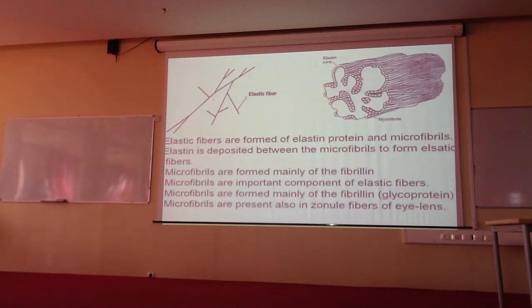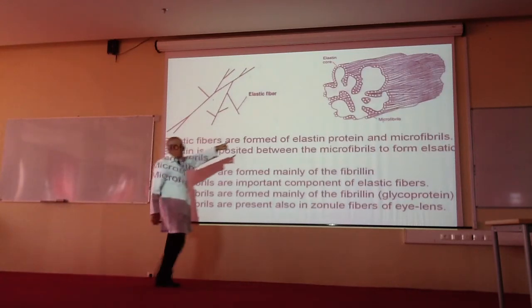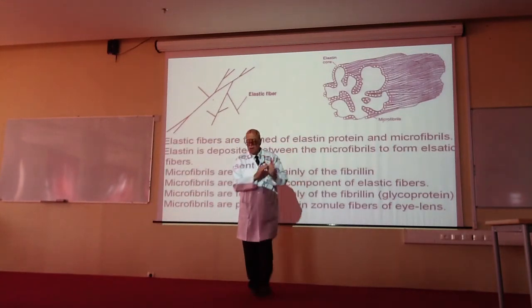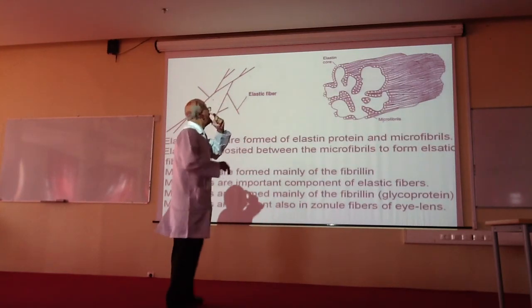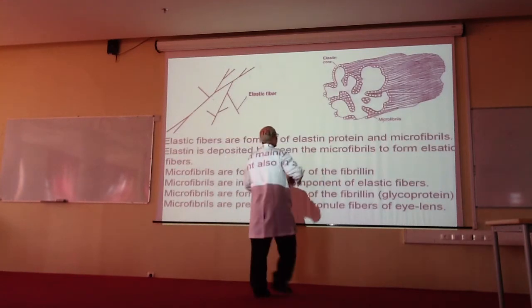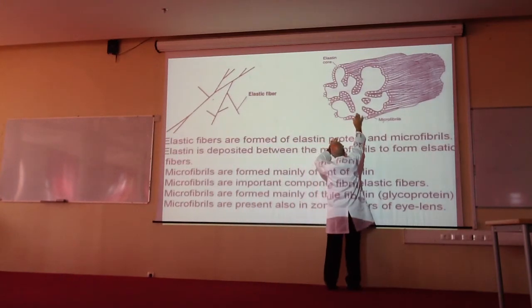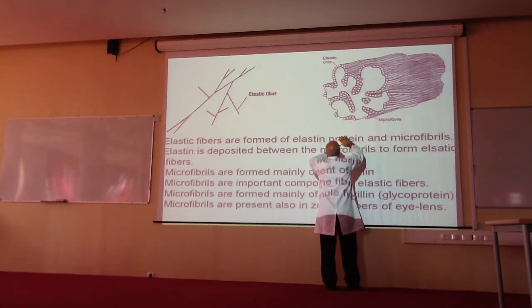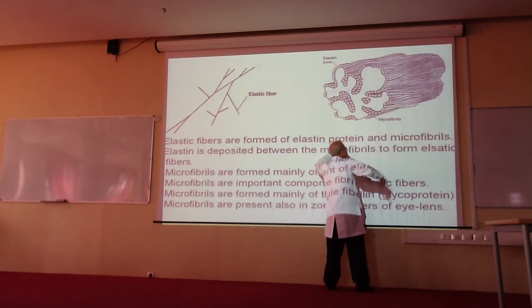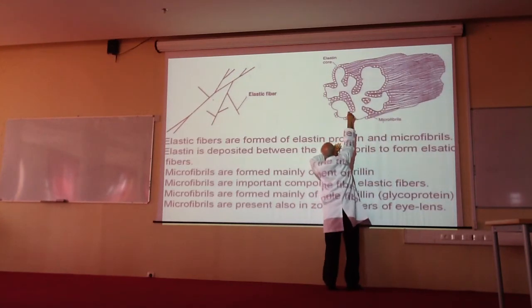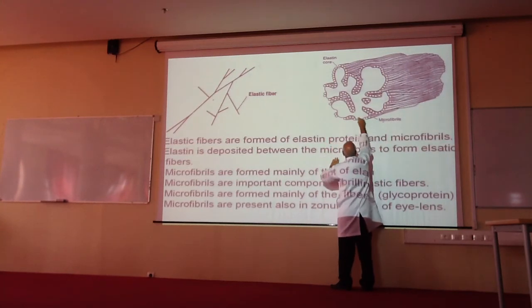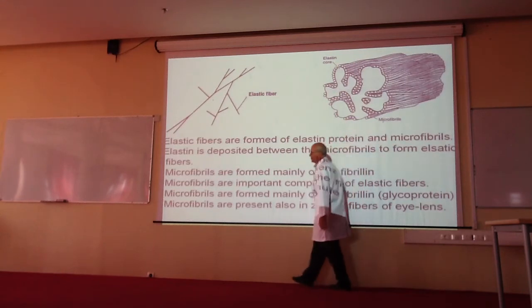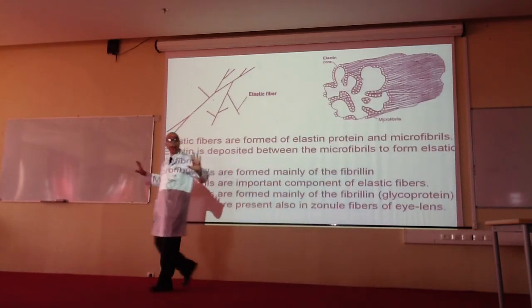Here, these are the elastic fibers by light microscope, and these are the elastic fibers by electron microscope, but drawing. In the center, there is elastin, the white areas, surrounded from outside by microfibrils to give the elastic fibers strength.